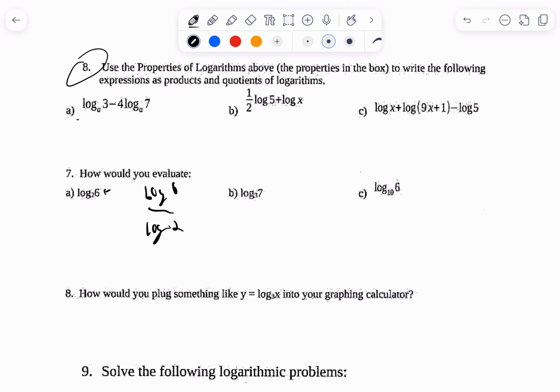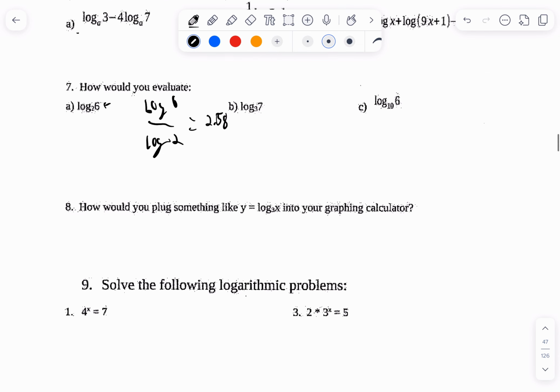So you have log 6 over log 2. And that equals 2.58, because when you put log 6 over log 2 into your calculator, that equals 2.58. Same thing for all these. Top goes on the top, bottom goes on the bottom.